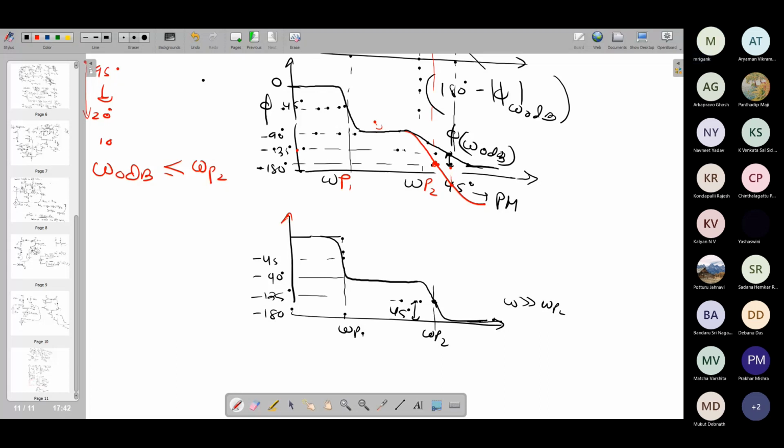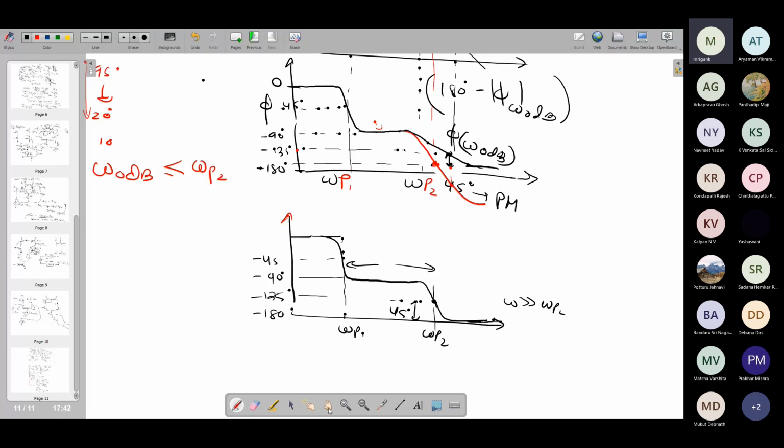That tells us that the separation between omega P1 and omega P2 is important. If omega P1, omega P2 are coming very close, then it will create a problem.